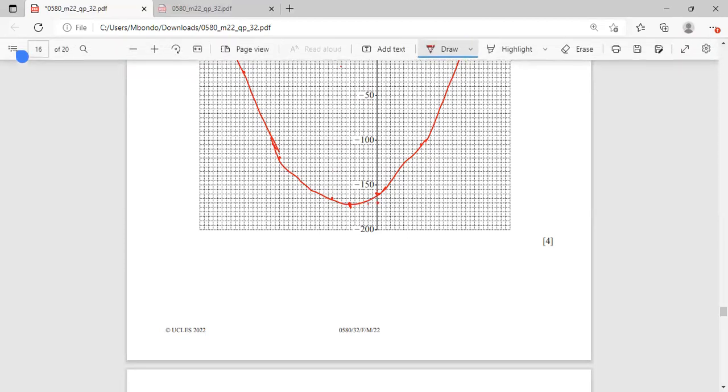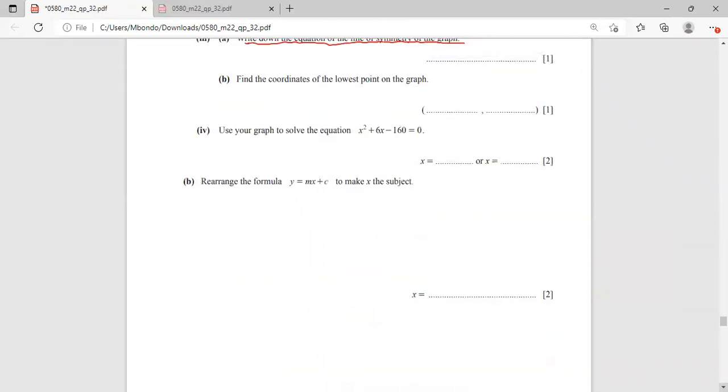Okay, so if I did mine correctly, then the lowest point must be -3, -170. Okay, that is if I did mine correctly.